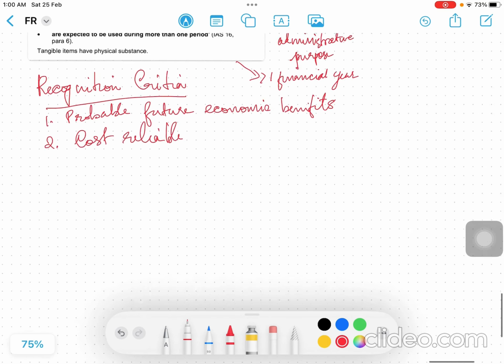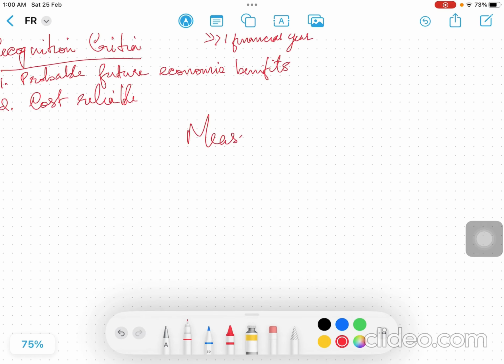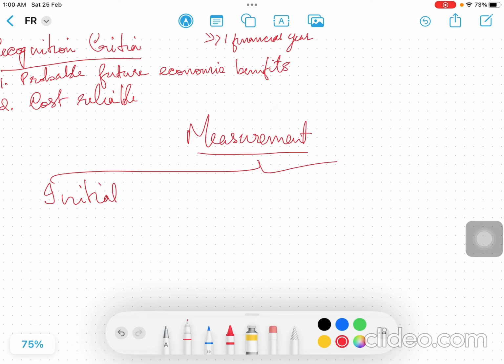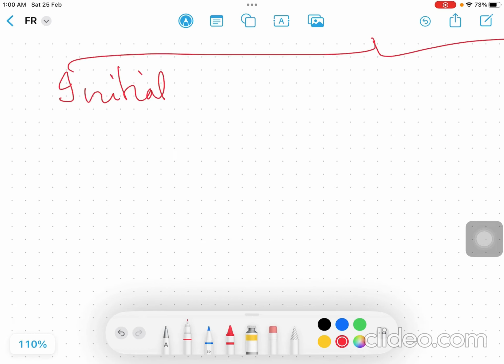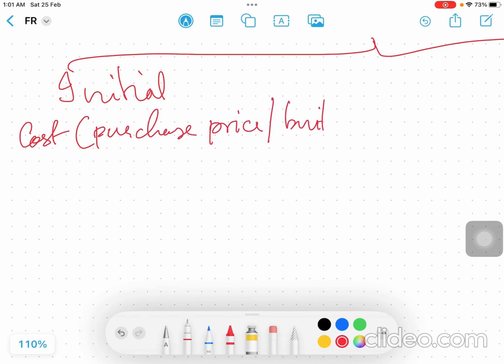Coming to its measurement, there are two types of measurement you make for an asset. One is the initial measurement and the other is the year-end measurement. For the initial measurement, you have to include all the costs that you incurred while purchasing the asset. The first one is cost incurred on purchase, the purchase price or built-in price.